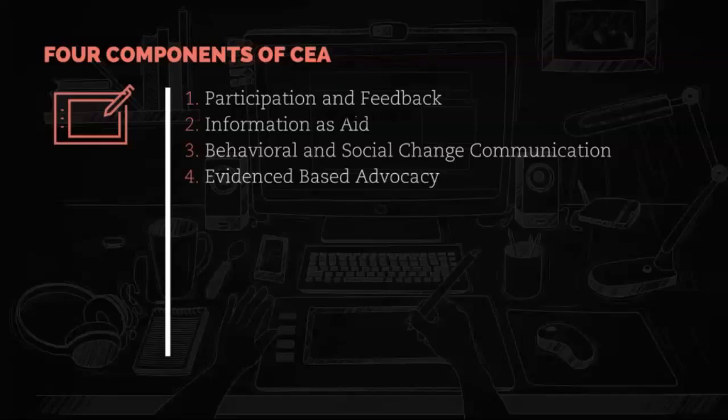But I'm just going to go through it because it is part of the different types of messages that we have in CE. So when we're looking at participation and feedback, the characteristics of these messages must be that they need to be clear. They need to be understood. They need to be in very simple language so the community understands.